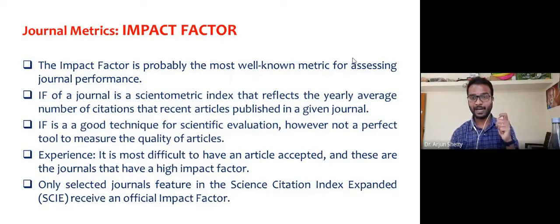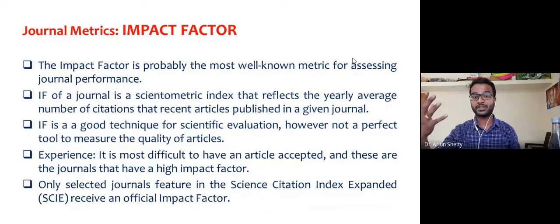The impact factor is probably the most well-known and most valuable metric for researchers to assess journal performance. If the impact factor is high, there will be a higher chance, higher reputation, and a higher chance of attracting more authors.